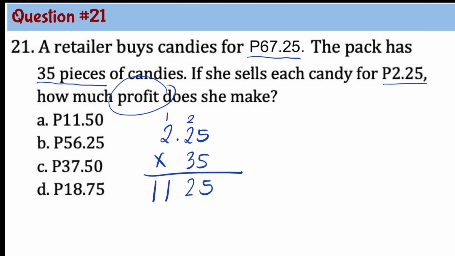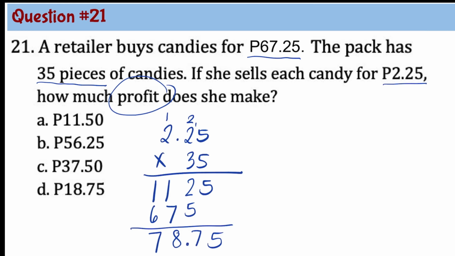Now we need to multiply by 3. 3 times 5, 15. Carry 1. 3 times 2 is 6, plus 1 is 7. 3 times 2 is 6. So we have 5, 7, 8, 78.